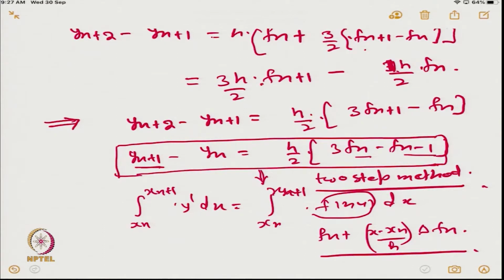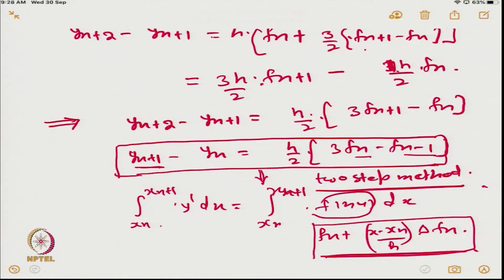But one specific thing about this and the previous case is that in the previous case I was integrating from x n plus 1 to x n plus 2, and inside, in the interpolating polynomial, I was keeping the term involving only points at x equal to x n. But in this case I am integrating from x n to x n plus 1, but still keeping the same terms. So, why?